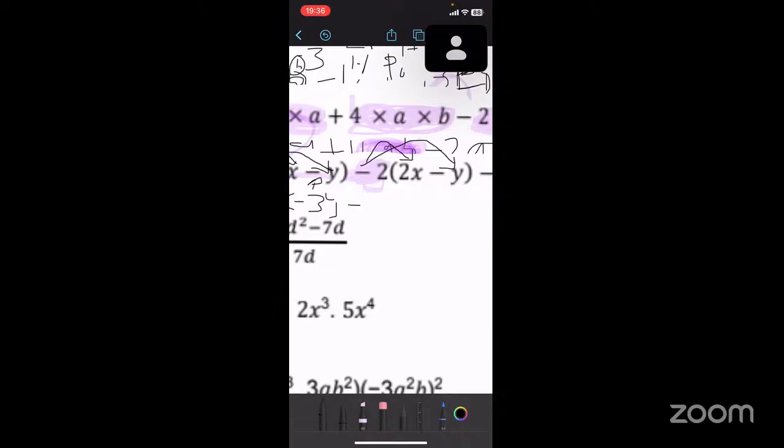So -2 multiplied by 2x gives us -4x, because it's negative multiplied by the invisible positive. Then we have -2 multiplied by that negative y, and that gives us a positive 2y. The reason is that when you multiply a negative with a negative, you get a positive.